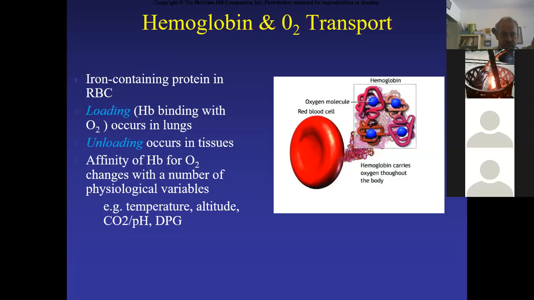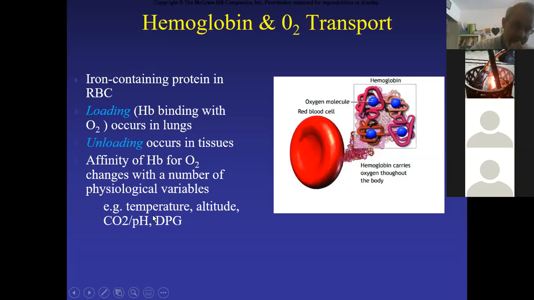Now here's kind of an interesting question, something we'll address. How can you have the same molecule, oxygen, at one spot get loaded, or bind to hemoglobin, and at the other spot, the tissues, it is released? Well, this has to do with a lot of unique conditions that occur at the tissues.